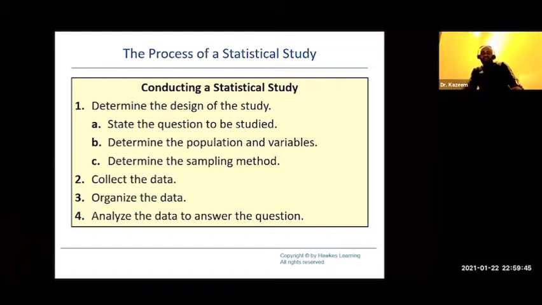The next step is to collect your data. Just go to the population because now you know the variable, you know the population, you know the question you want to answer, and you know the sampling technique you want to use. Then the next thing is to go to the population and collect your data. When you do that, the data is massive in nature. It is not arranged.